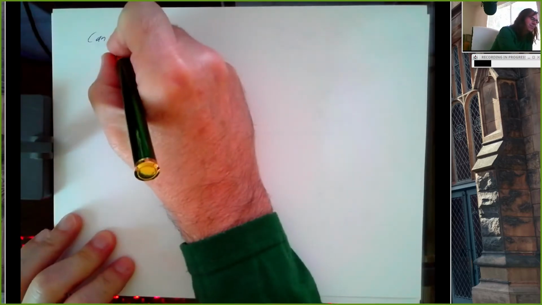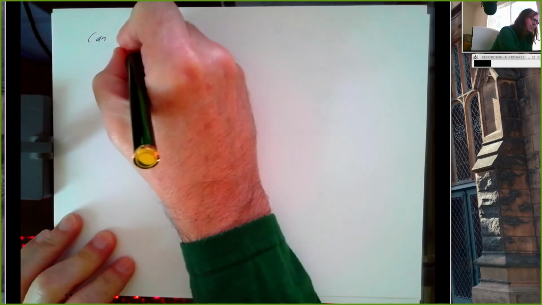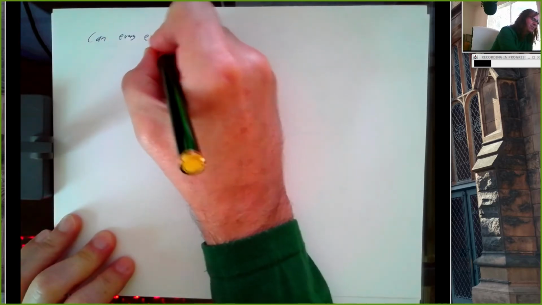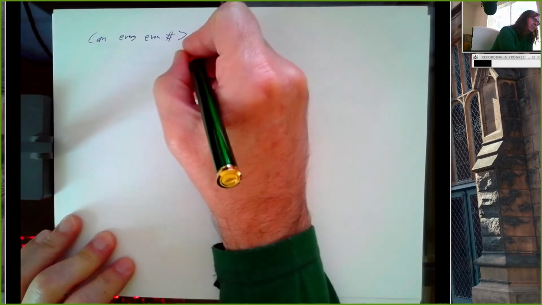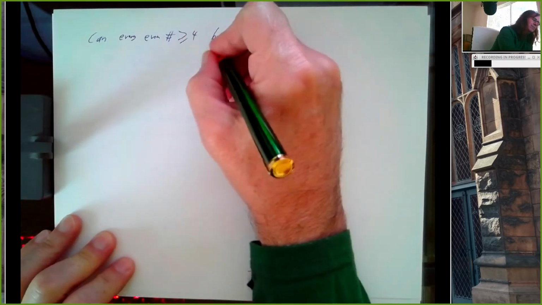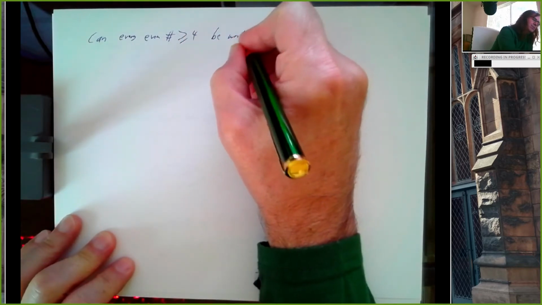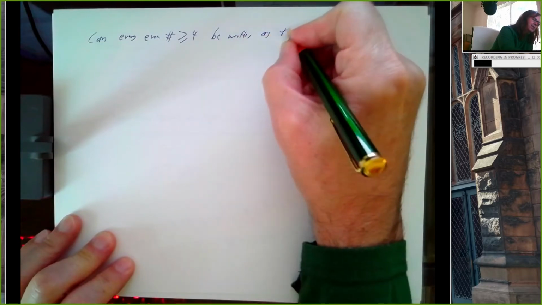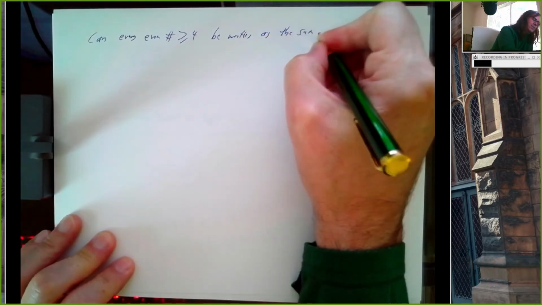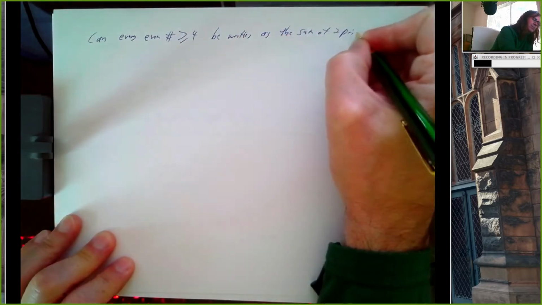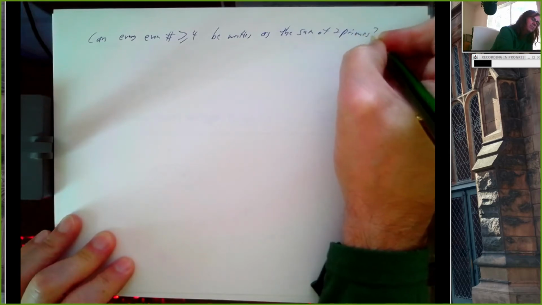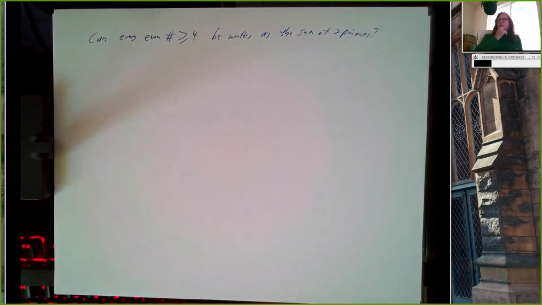Can every even number bigger than or equal to 4 be written as the sum of two primes? And Goldbach's conjecture says the answer is yes.